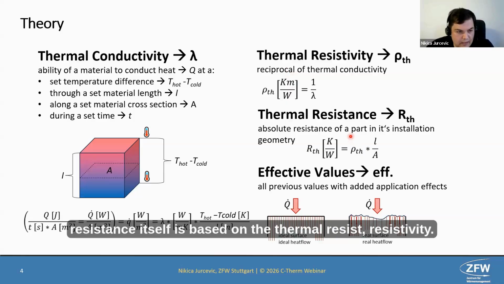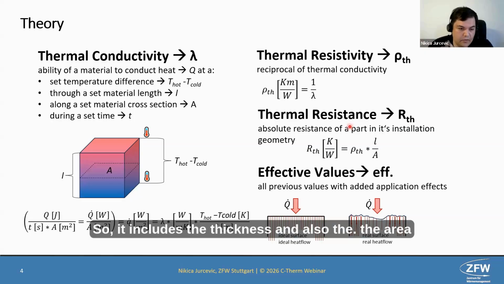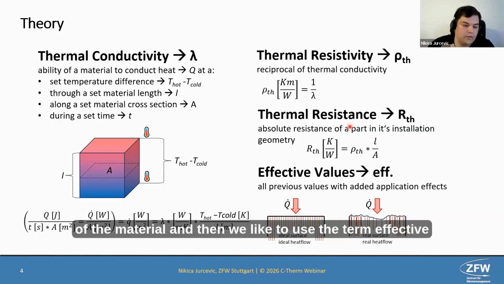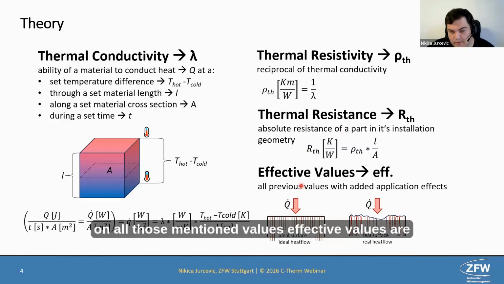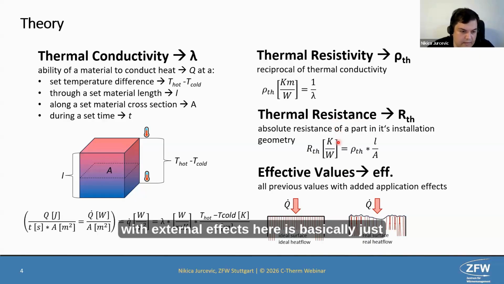The resistance itself is based on the thermal resistivity, but it's an absolute value, so it includes the thickness and also the area of the material. And then we like to use the term effective on all those mentioned values. Effective values are the properties of the bulk material included with external effects.